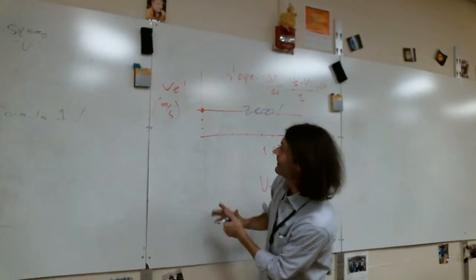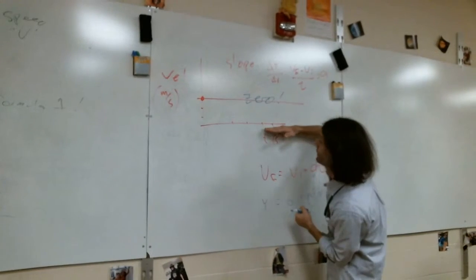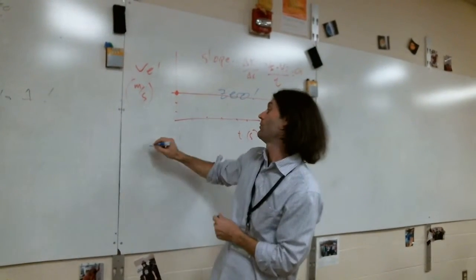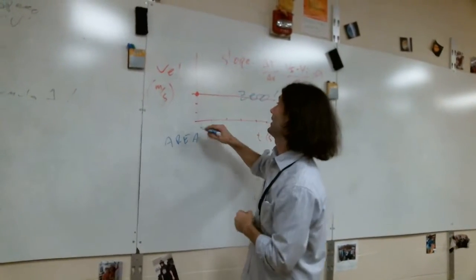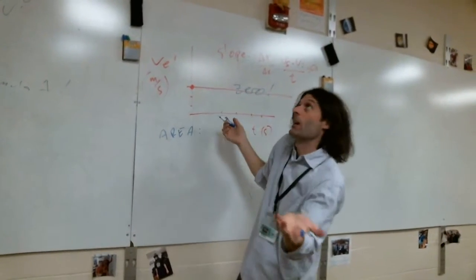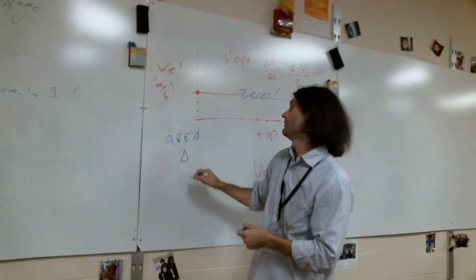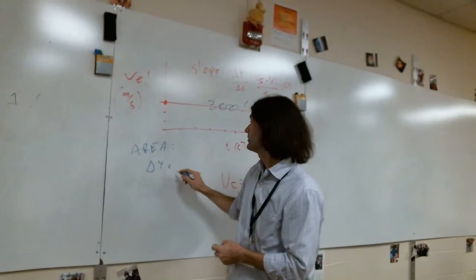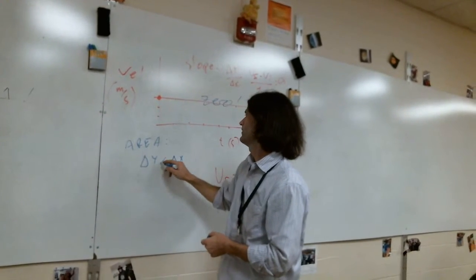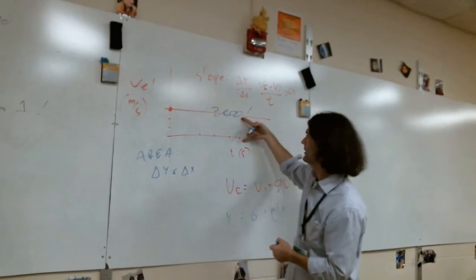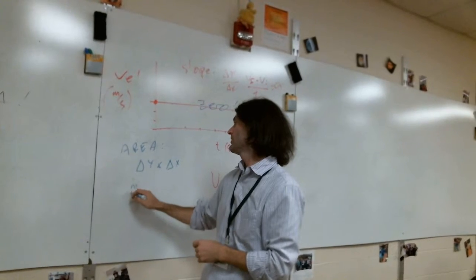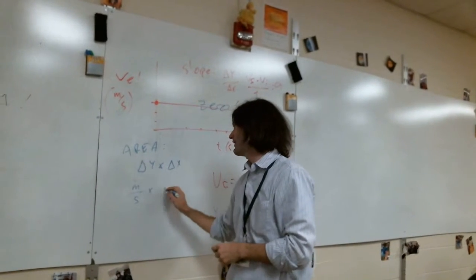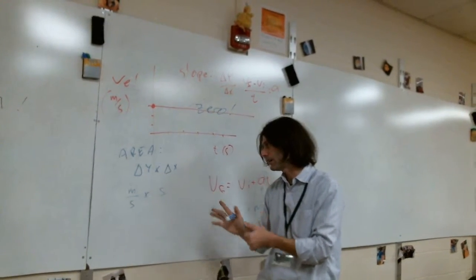An area again is a y multiplied by an x. So if I want to calculate the area, I can take a base times a height, or a delta y multiplied by a delta x. It's this times this, which if you follow the letters, I'm going to get a meter per second. I'm going to multiply that by a second instead of divide.